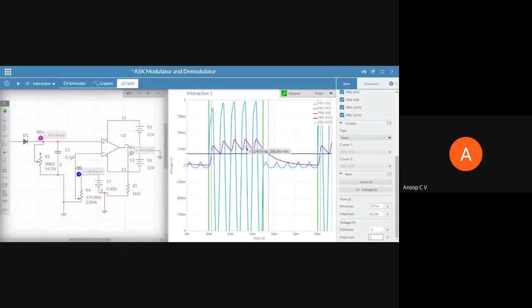So by adjusting the discharging and charging time, and also by adjusting this reference level, we can bring in maximum synchronization.